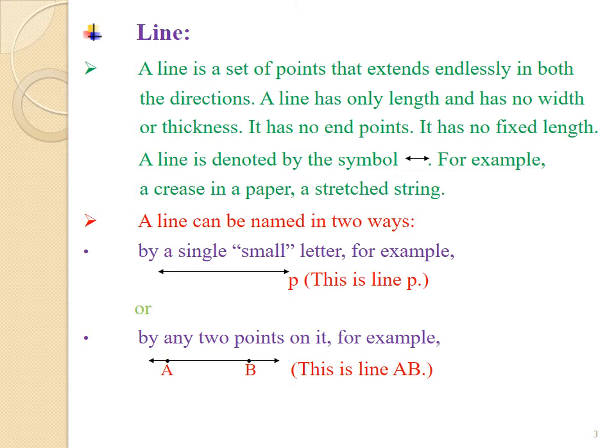Thus, we can say that a line is a straight path that extends indefinitely in both directions. It has no endpoints. It has no definite length and it is one-dimensional.